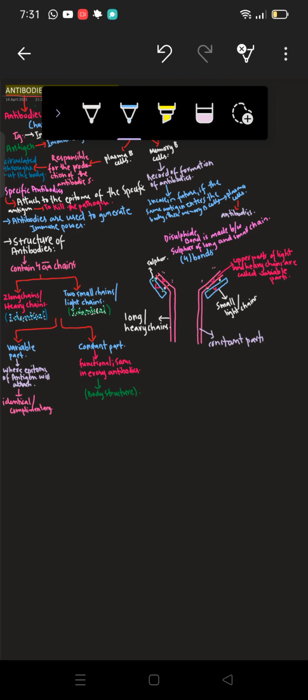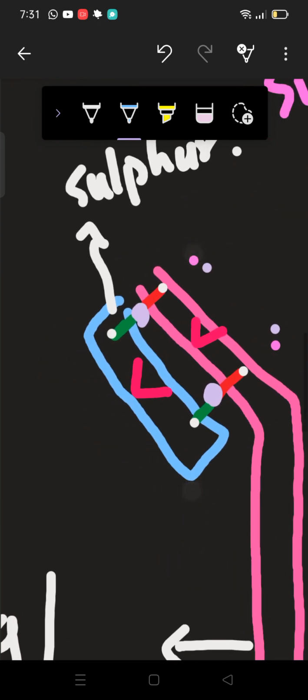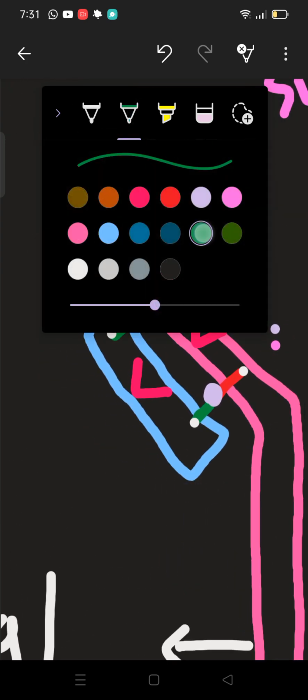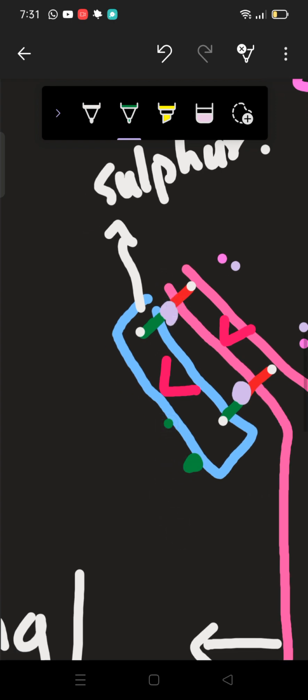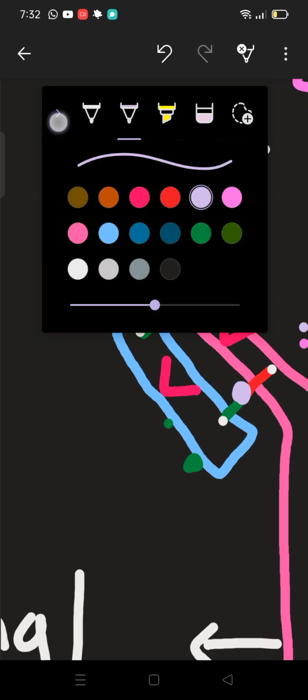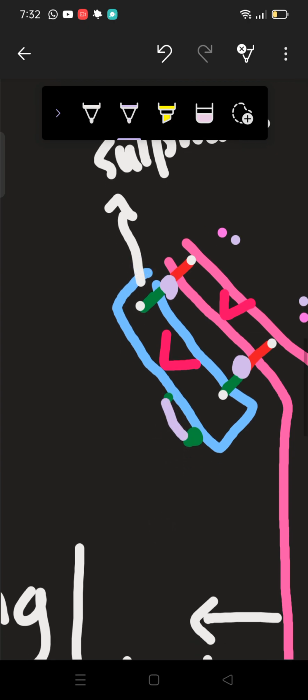So what are these loops? It is when there is a bond between sulfur and sulfur within the same chain. If I have sulfur here as well as sulfur here, they will form a bond. This bond is what we call the sulfur-sulfur loop.